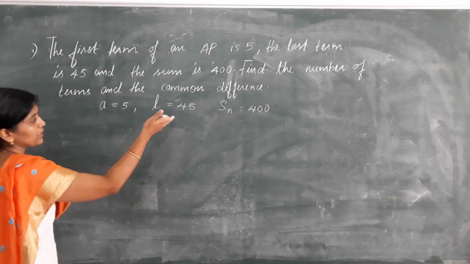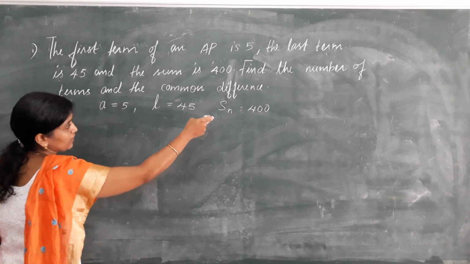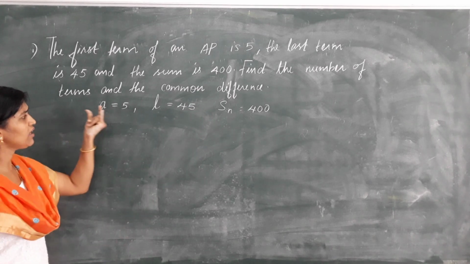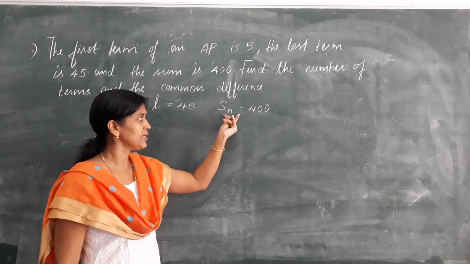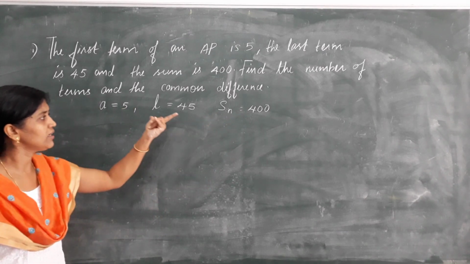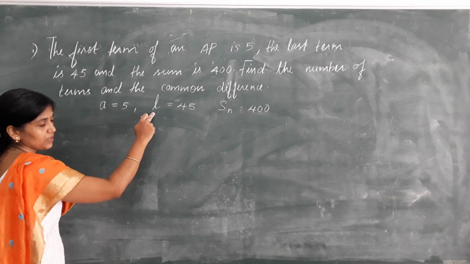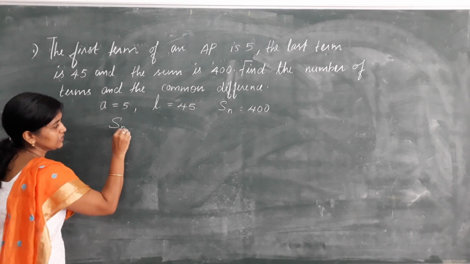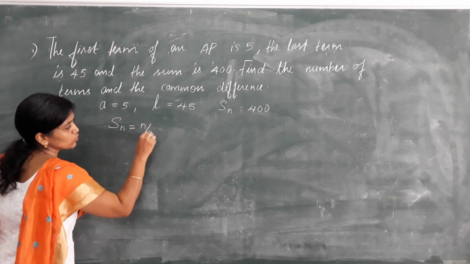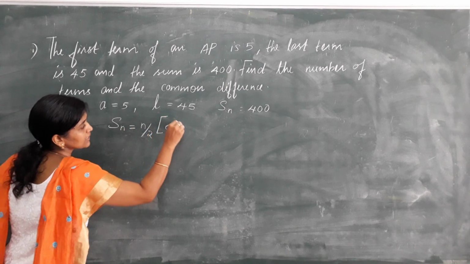Since the last term is given to us, we are using the formula with the last term. That is, we have studied the formula using l: Sn is equal to n by 2 into a plus l.